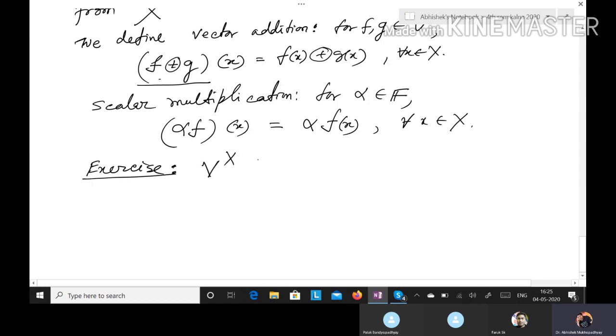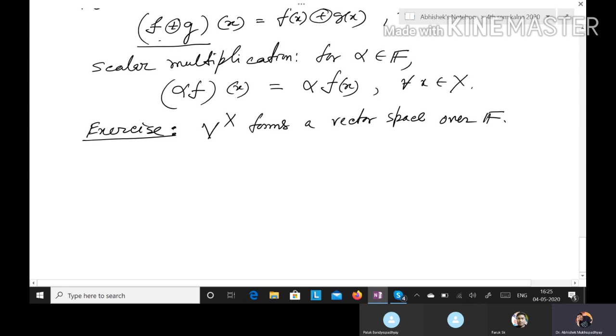V power X forms a vector space over F. So this example provides you a plenty of vector spaces by choosing different sets and also different vector spaces.